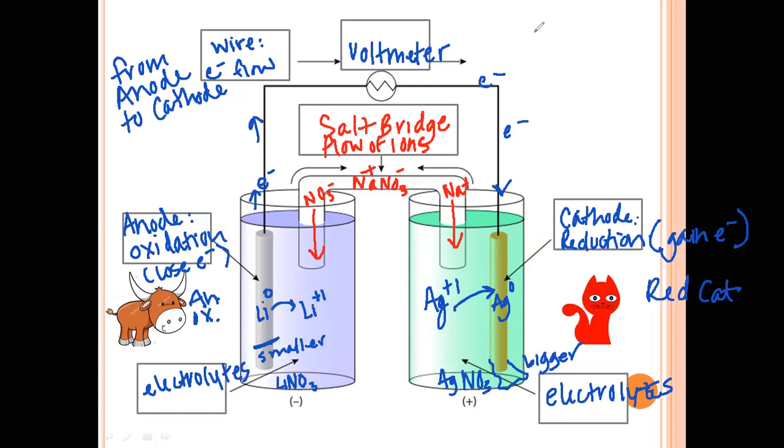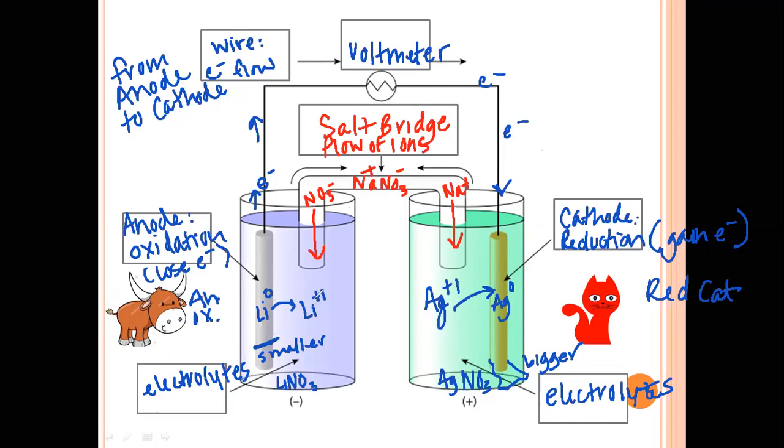Let's just do a little recap about this voltaic cell or battery, and then we will be done for today. So at the anode, oxidation occurs. Your metal changes into an ion, and the metal becomes smaller.